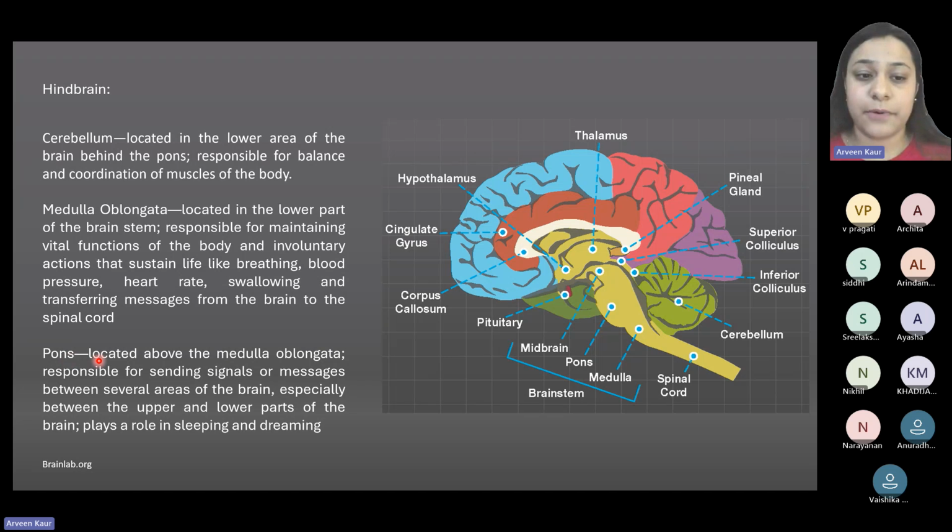Then comes the pons, which is located just above this medulla, right? And it is responsible for sending signals between several areas inside the brain, especially between upper and lower parts of the brain, which plays a role in sleeping and dreaming, right?